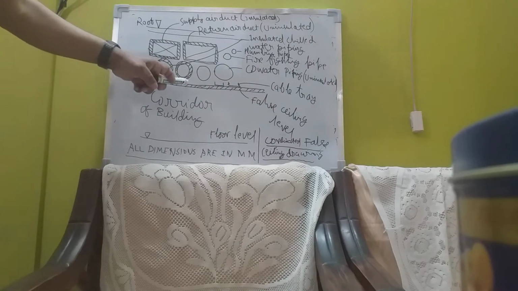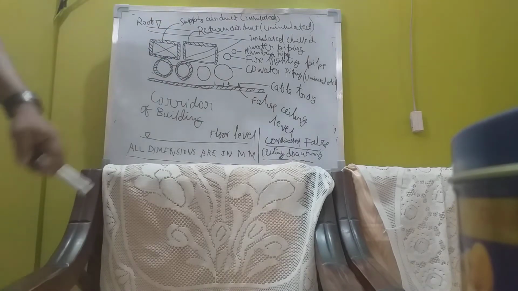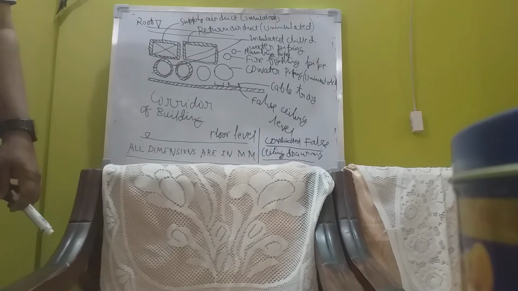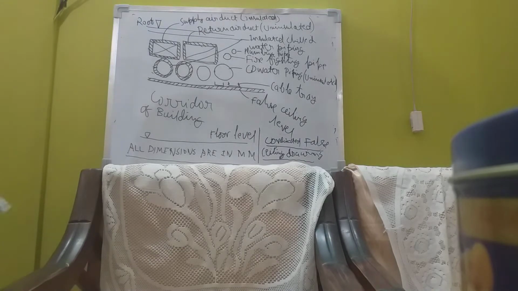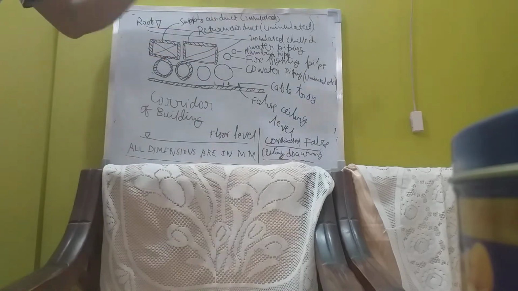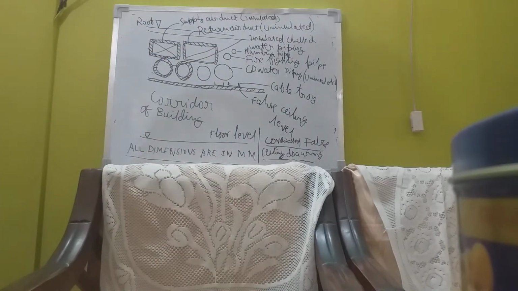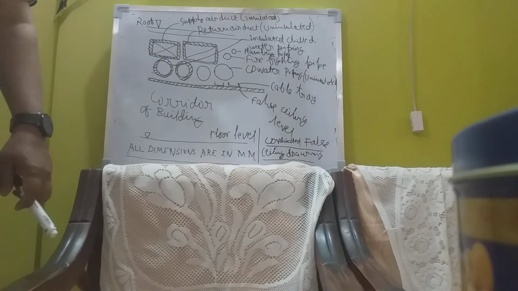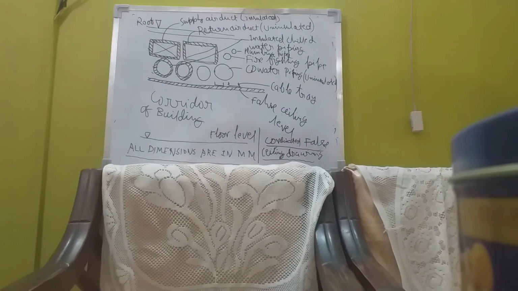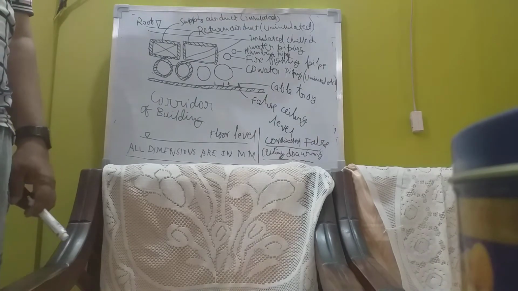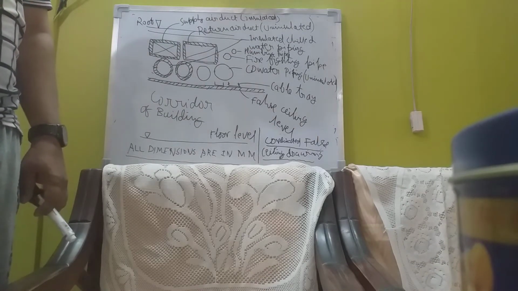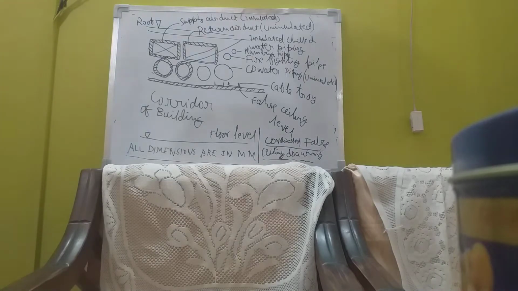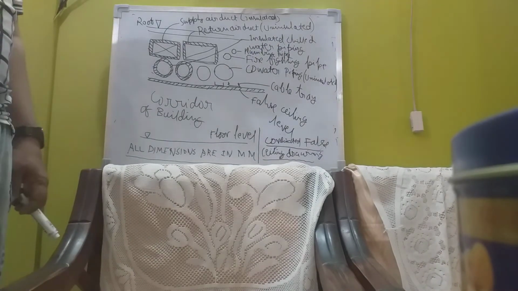Now, between this false ceiling and the roof or the ceiling level of the building, there are a number of services running through the corridor. Why through the corridor? Because through the corridor you transmit the pipes and ducts from one side of the building to another side, transferring chilled water pipe to different FCUs, AHUs, etc., and transferring the pipes from one building to another through another corridor.